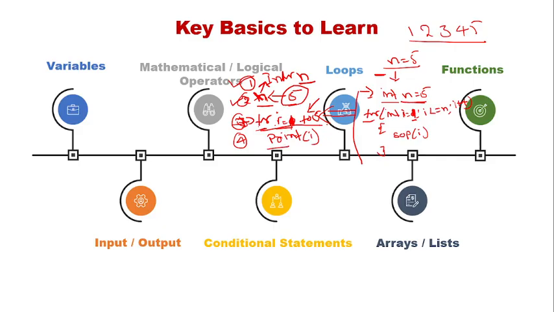After the for loop repeats that many times, end for. So the total pseudocode logic for this program is these five steps.